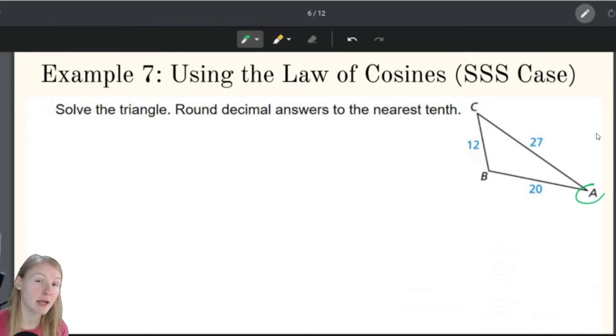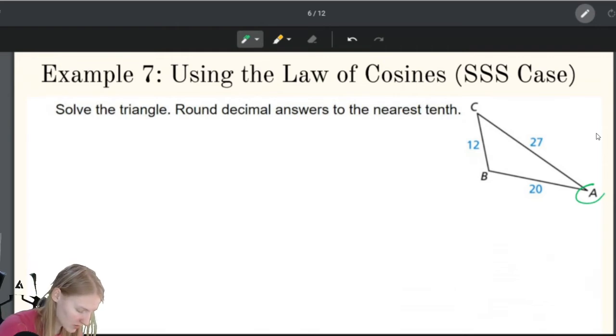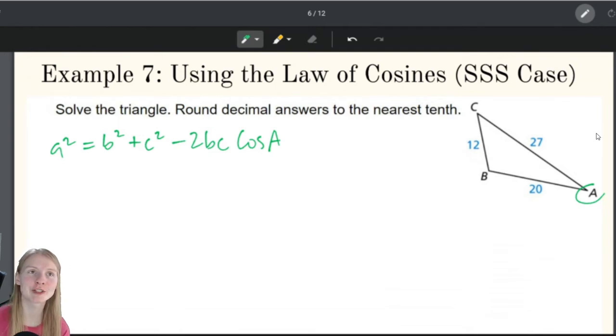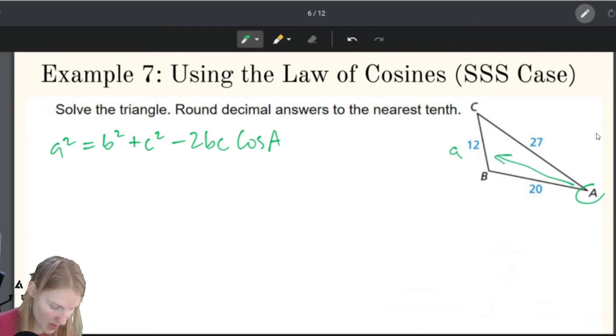I want angle A. So I'm going to use a squared equals b squared plus c squared minus 2bc cosine of A. Alright, now let's label. The side opposite A is a, the side opposite B is b, and the side opposite C is c.